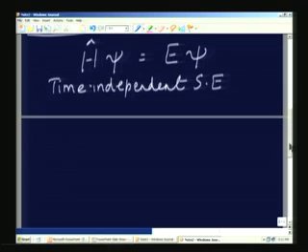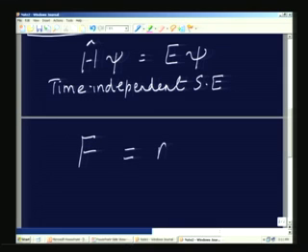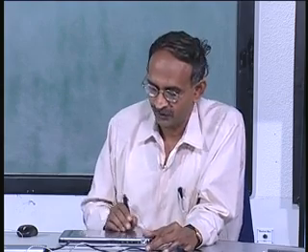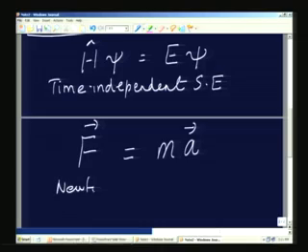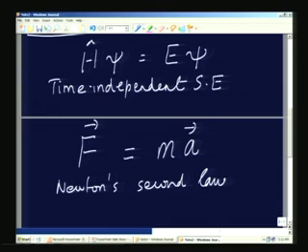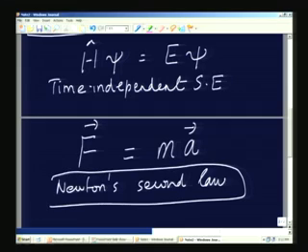In grade 6 or perhaps in grade 8, when somebody wrote this equation, F is equal to ma, we all understood, we studied the equation, and we said this is Newton's second law, for the motion of objects of macroscopic size, objects of planetary nature, very large scale.